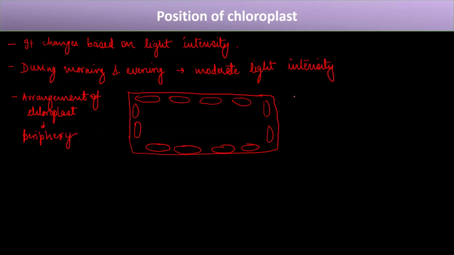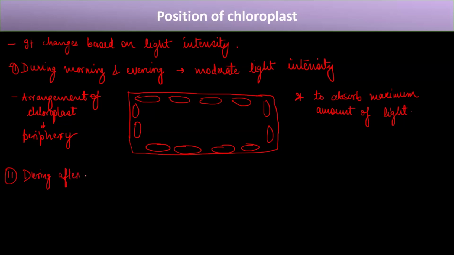And why? It is to absorb the maximum amount of light. Okay. Now there's a second situation. So this is the first situation. Now there's a second situation. You can say during afternoon. So what happens during afternoon?